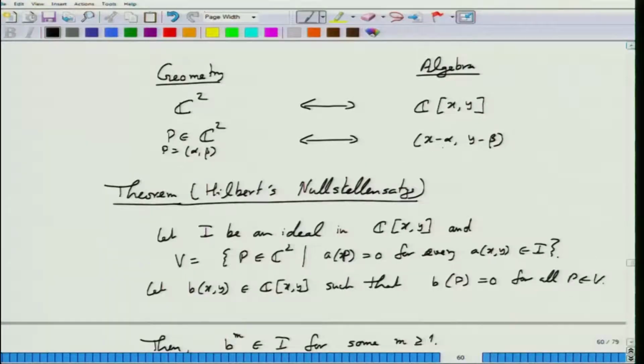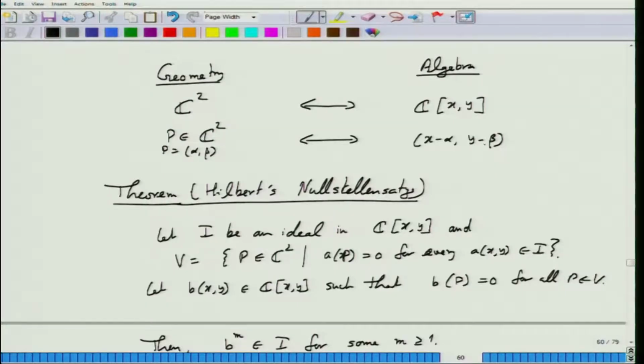And now going back, using the Nullstellensatz, we can say that any polynomial that is 0 at point P, some power of that polynomial must belong to this ideal. And since this is a maximal ideal in the ring, I think we have shown this; if I have not shown it, it's easy to show.